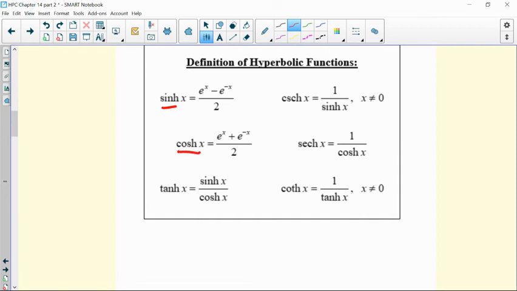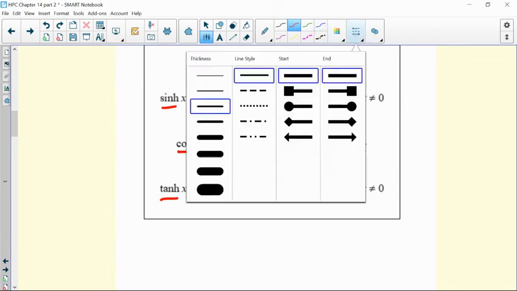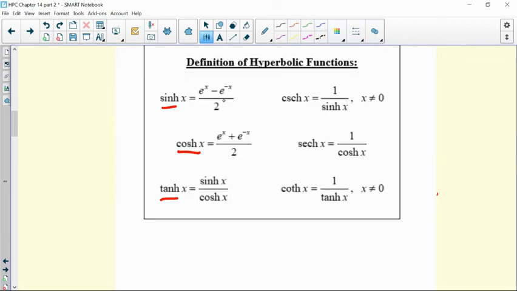If you want to know what hyperbolic tangent is, you would just take its sine divided by its cosine. So then the 2's would cancel. If you really wanted to write that out, you would get e to the x minus e to the negative x over e to the x plus e to the negative x. And then you have hyperbolic cosecant, hyperbolic secant, and hyperbolic cotangent.